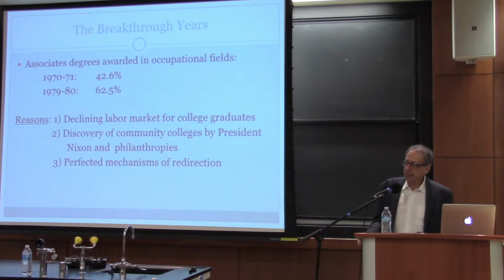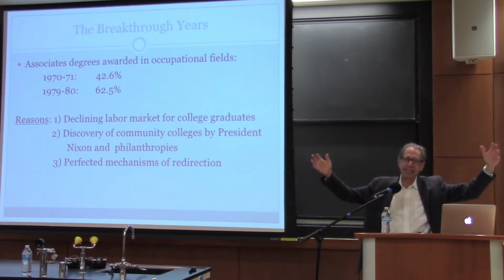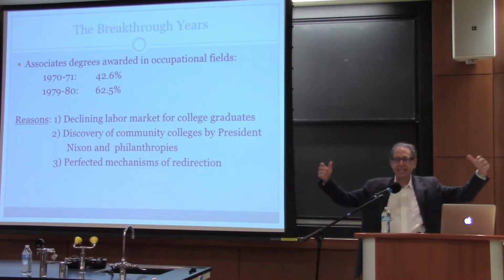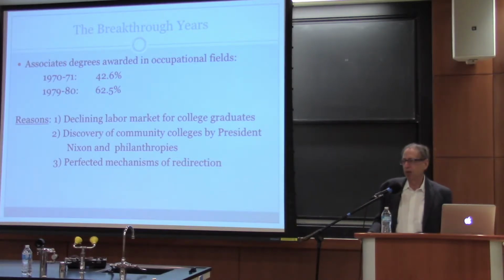President Nixon discovered community colleges and thought they were a great thing, because at that time there were a lot of students protesting in universities against the war in Vietnam, and they thought, well, community college students weren't protesting, they were going to go on and get jobs and be a more conservative group.